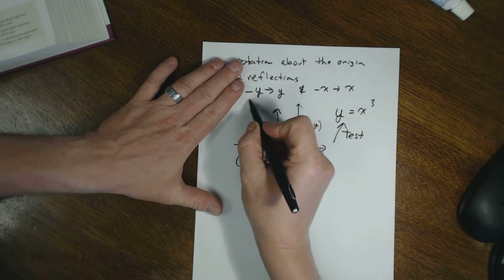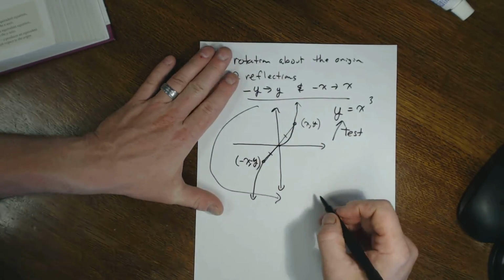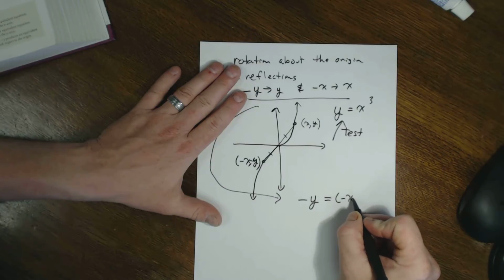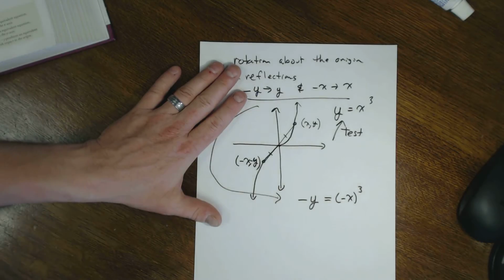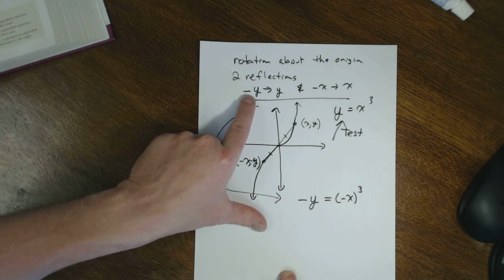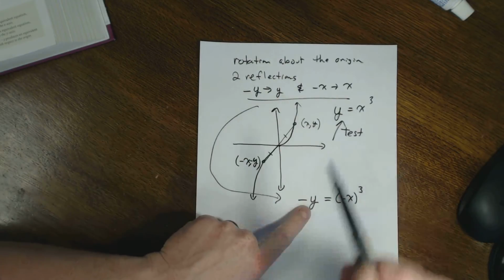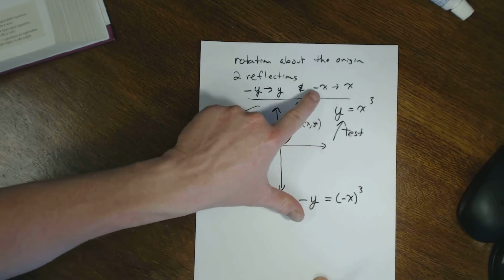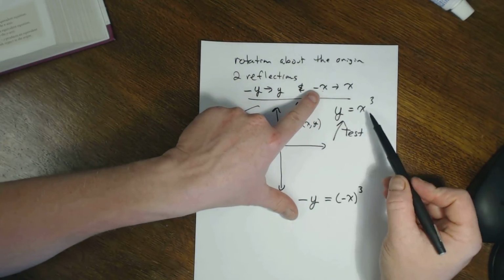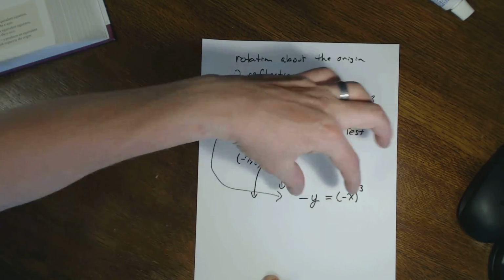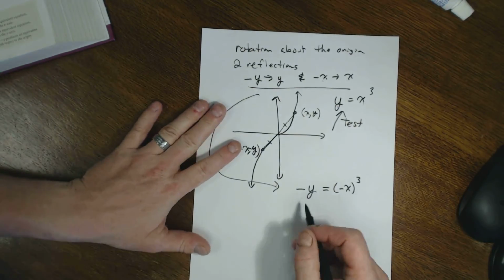So let's go ahead and test this to see if it is a rotation about the origin. So I'm going to do both of these down here. Minus y is equal to minus x to the third. So again, I'm replacing minus y in for y here. I'm replacing minus x in for x. So instead of x here, I'm putting in minus x. Now I'm going to simplify this.